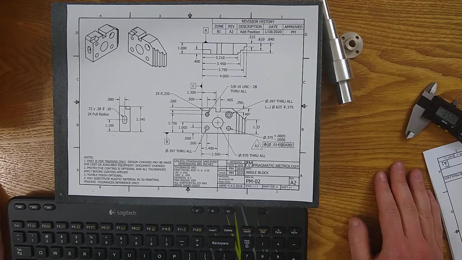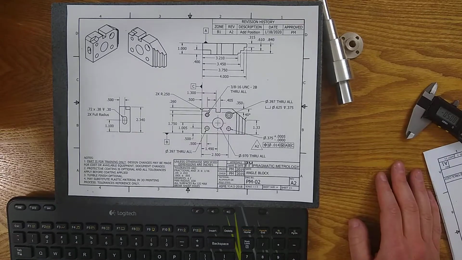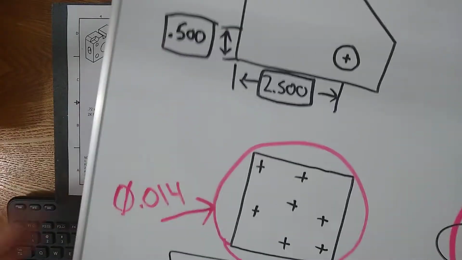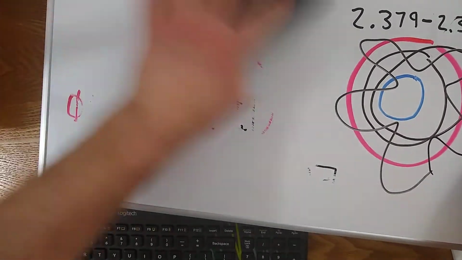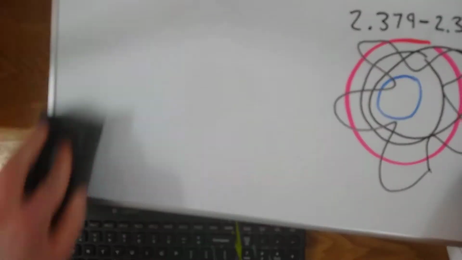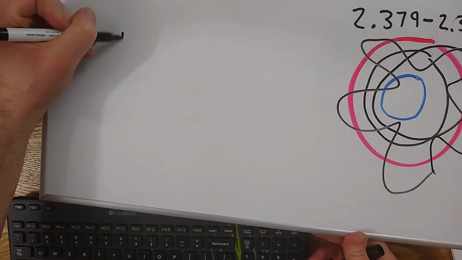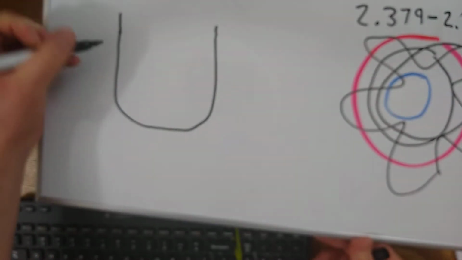Also with precision holes, you can have a chamfer or a radius. I've talked about this in the whole inspection video, but I'll give you a quick demonstration. I'll draw a couple of examples. Let's talk about a hole that has a radius at the bottom, and you need to register your gauge on it.